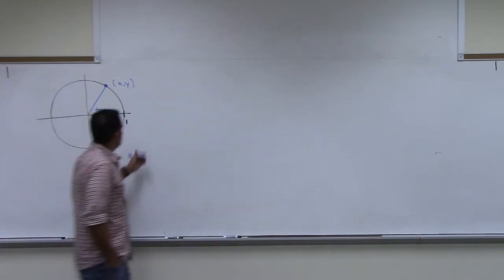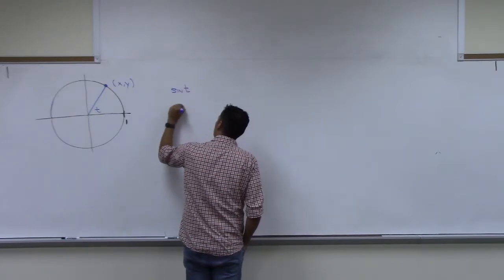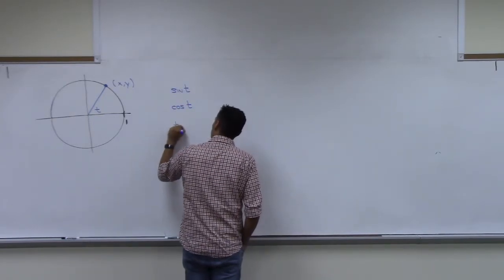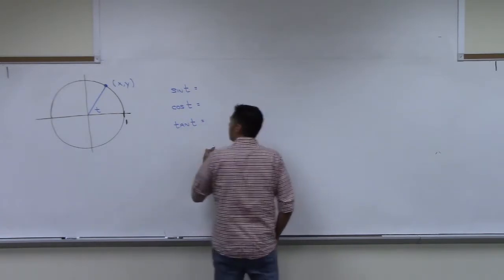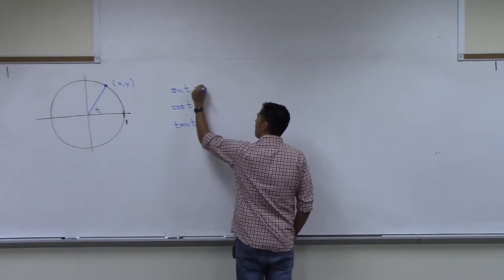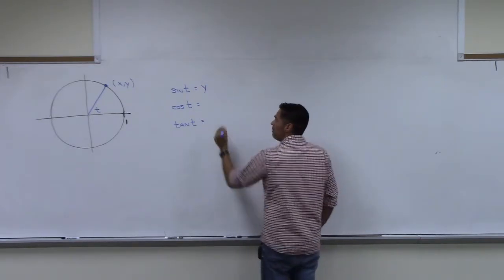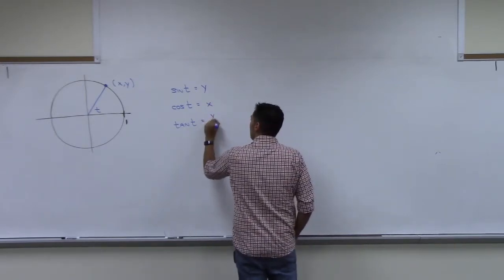So what is sine of T? What is cosine of T? What is tangent of T? Sine of T is the y coordinate, right? Which is y. Cosine of T is x, and then tangent of T is y over x.